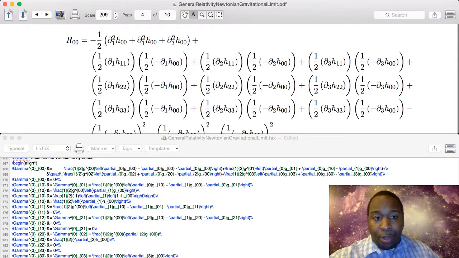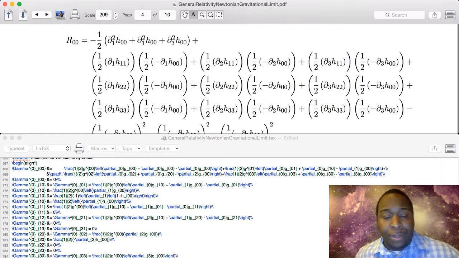You also have to solve for other elements within that matrix, because your stress energy tensor is now no longer simply just that one element in the corner.